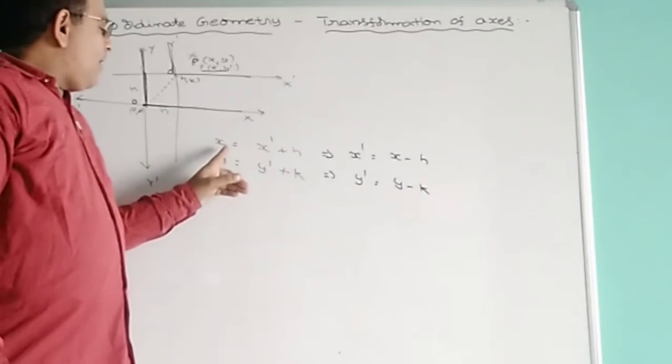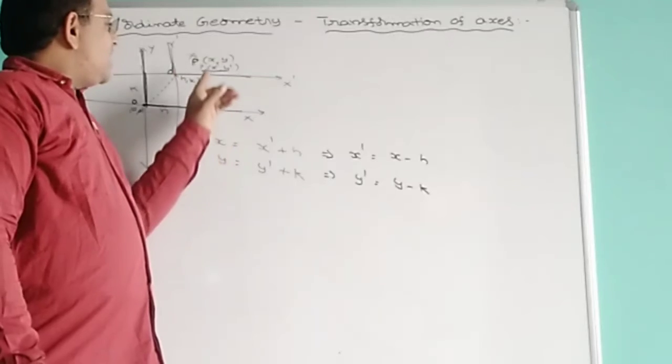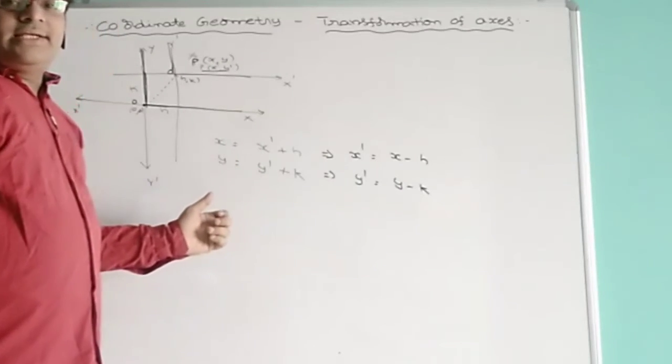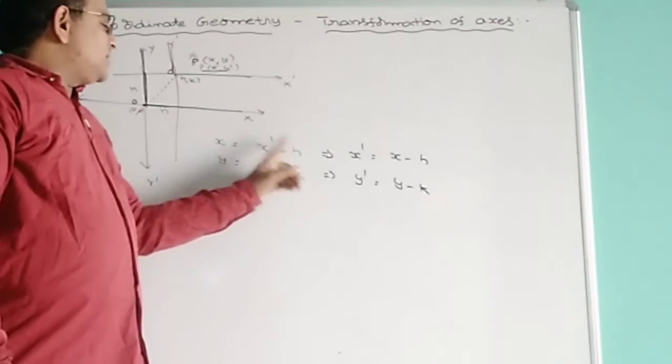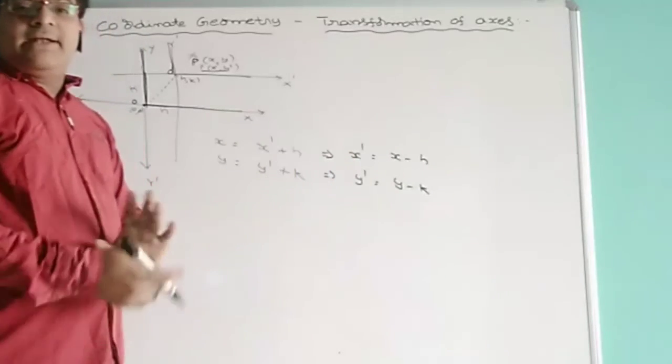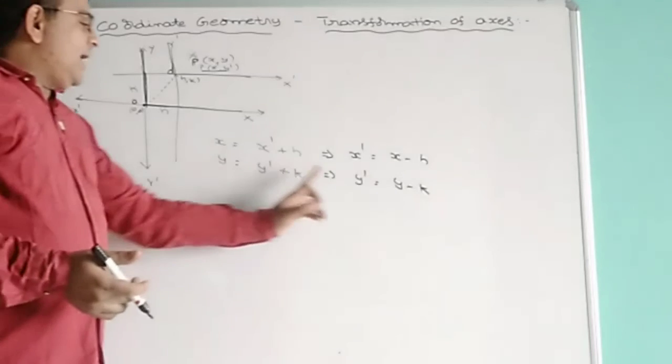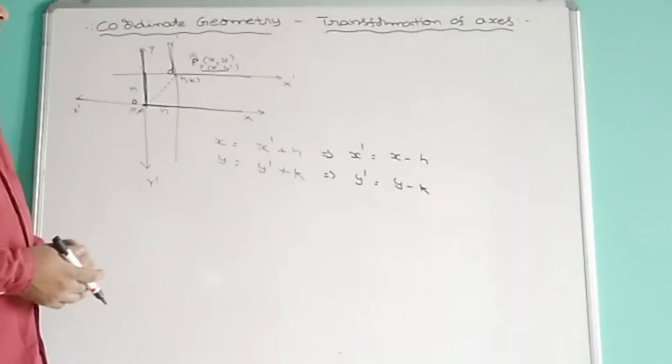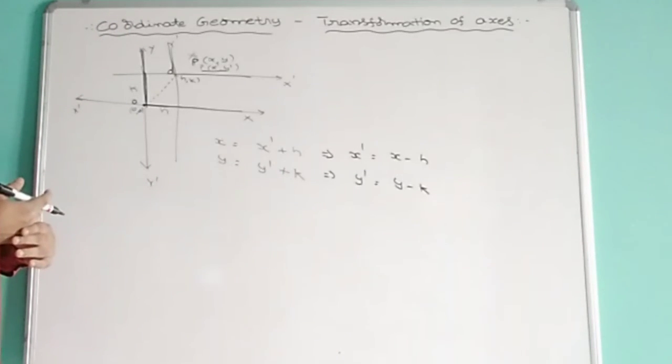The relation between the new point x dash, y dash and x comma y is x equals x dash plus h, y equals y dash plus k, then x dash equals x minus h and y dash equals y minus k. This is called transformation of axes. Now I go with the definition of transformation of axes.